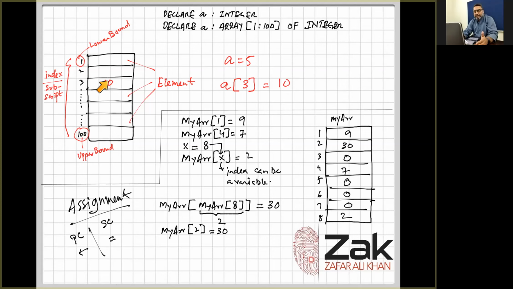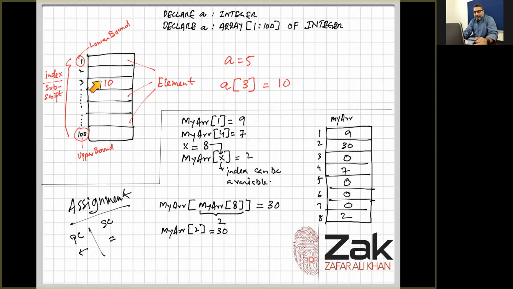So in that case, we will be using box brackets, and inside the box brackets we mention the subscript or the index. So the value that we are going to assign will be placed in the element number mentioned here. So in this case, A[3] is 10. So the A array's third location will be having 10.